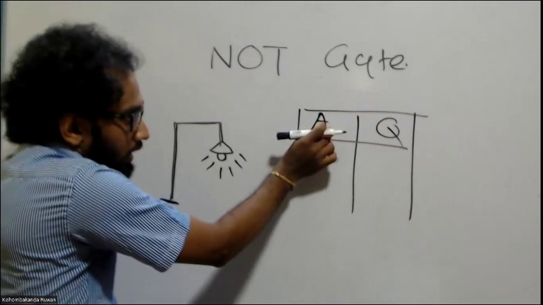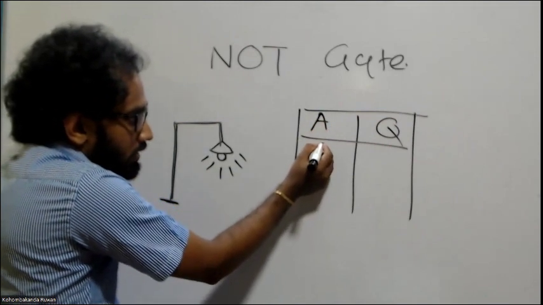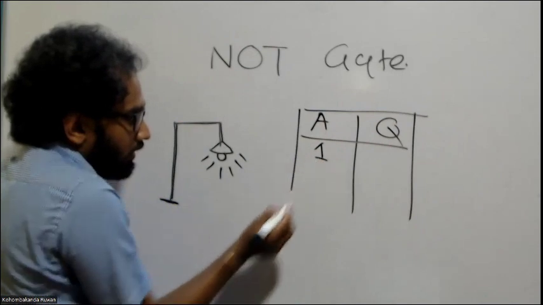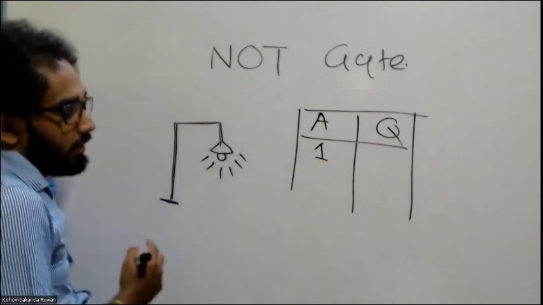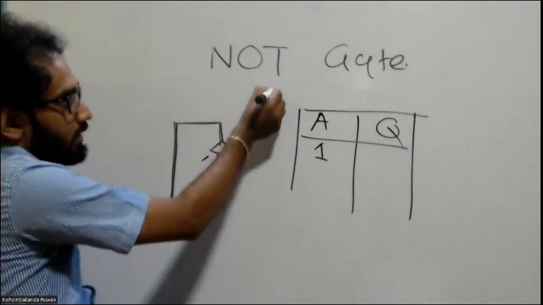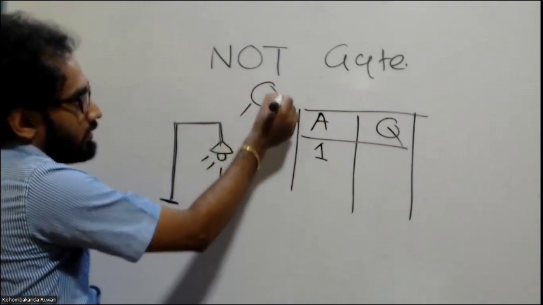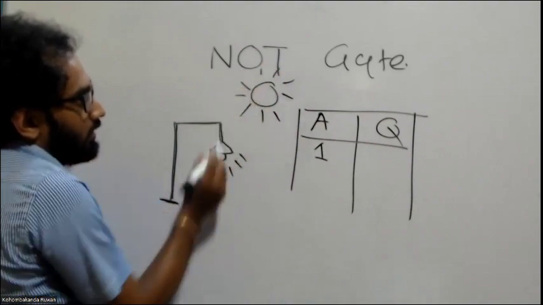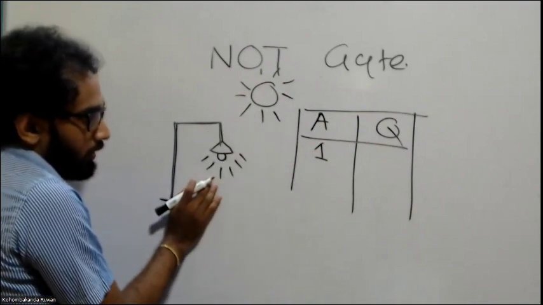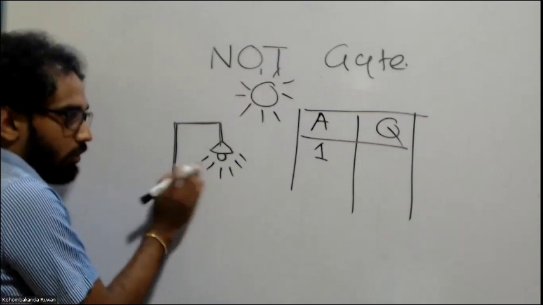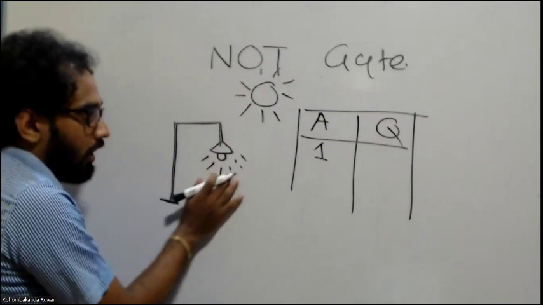If A is 1, that means the sun is rising. Then what do we have to do, switch on or off?